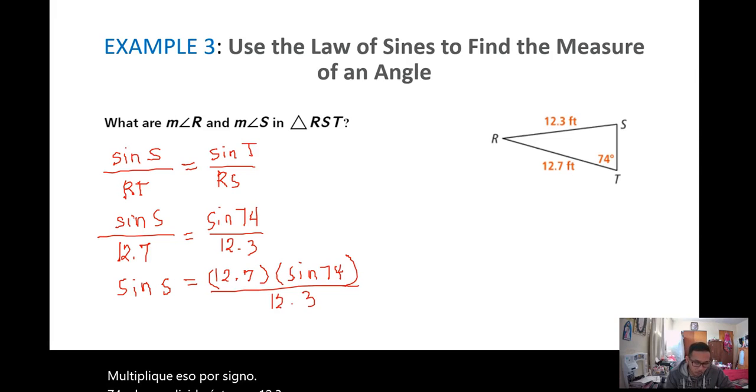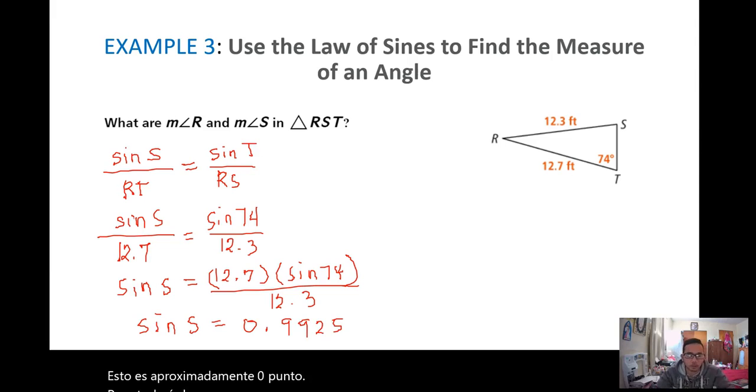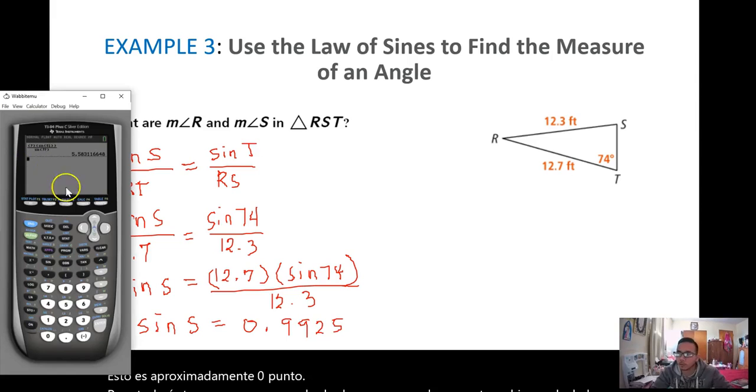So we have to use our calculator. Because we are looking at angle S, sine S is equal to, this is approximately 0.9925, but we still have to double check that using our calculator, guys. I pull out my calculator there.